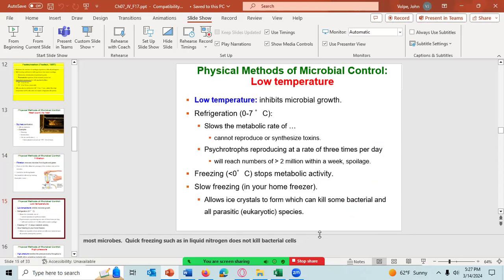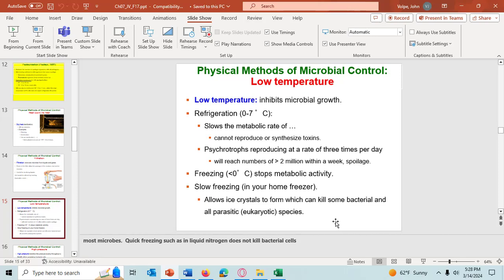Low temperature is another way that we can control microbial growth. Understand that low temperature may not kill the microbe. It may just put it in stasis. Refrigeration slows the metabolic rate of most microbes, making most microbes actually inactive. However, even though most microbes cannot reproduce or make a toxin, the psychrotrophs can reproduce at refrigeration temperature, 0 to 7 degrees Celsius.